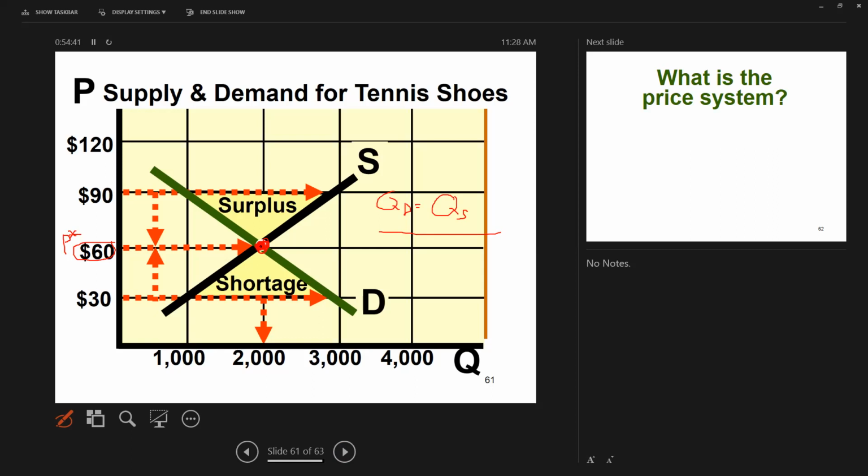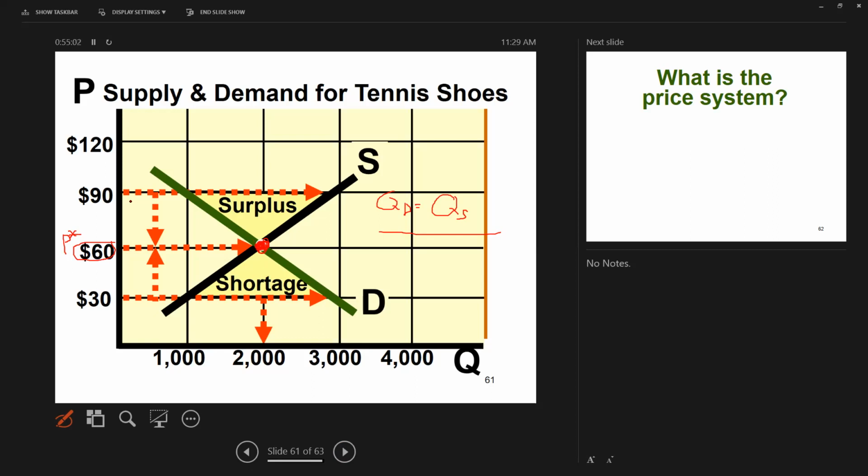Everyone who wants to sell this good at the equilibrium price of $60, there's someone to buy it. The market's in balance. For every buyer, there's a seller. Every seller, there's a buyer. Any other price but that equilibrium price, and we get a problem. We get either a surplus or a shortage.